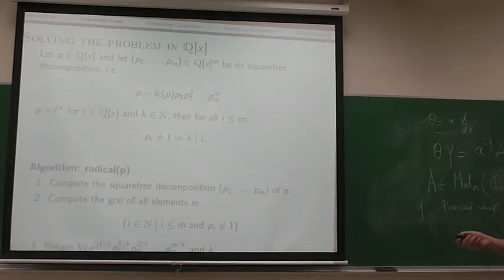So what I can do to get L out of p is compute the square free decomposition p1 to pm of p, and compute the GCD of all the indices in the square free decomposition where pi is not equal to 1, of course. And then I return this polynomial here, where it just divides the exponents by k. This is rather easy.